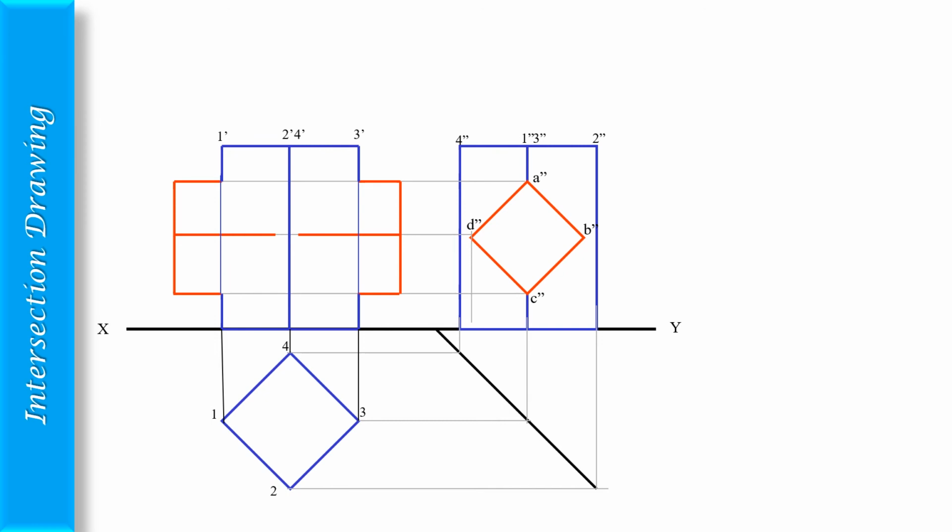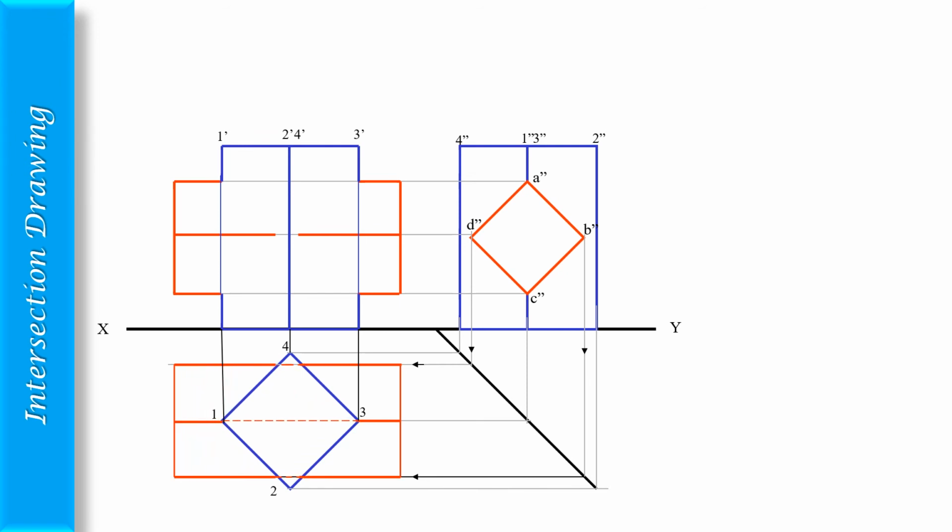If you see here, that line is drawn, and next this is going. Now in the same way, from here to here, and then from here to here.